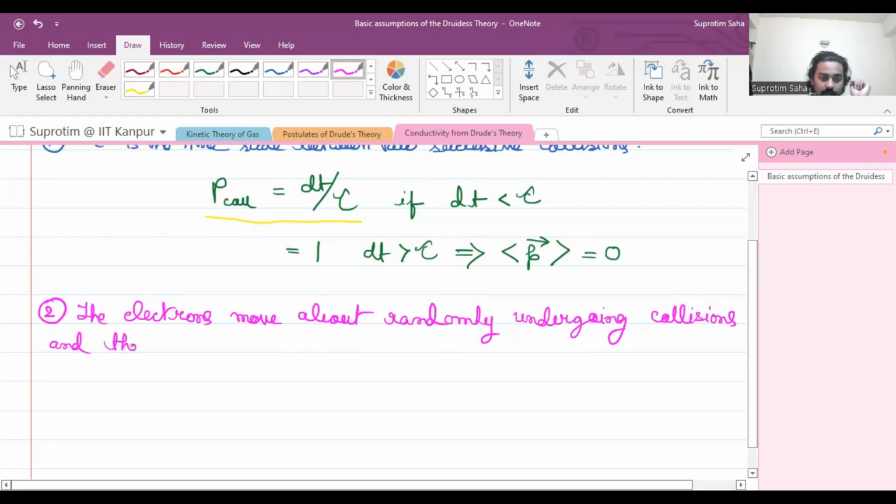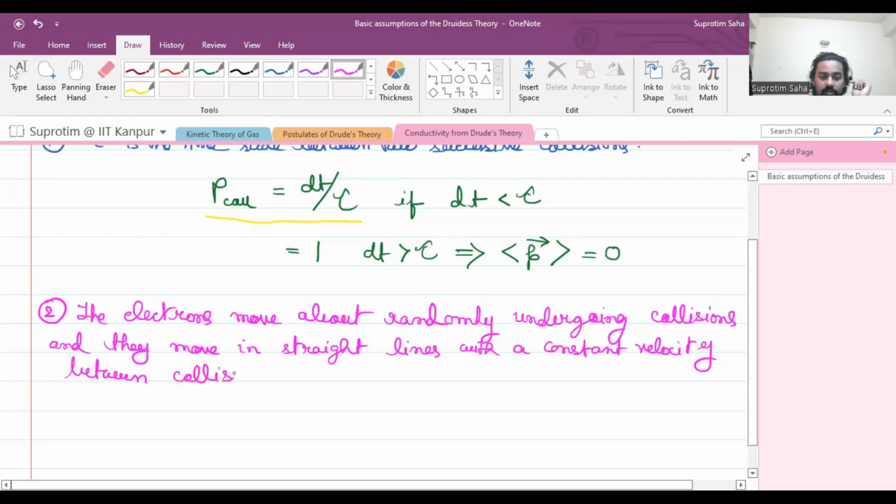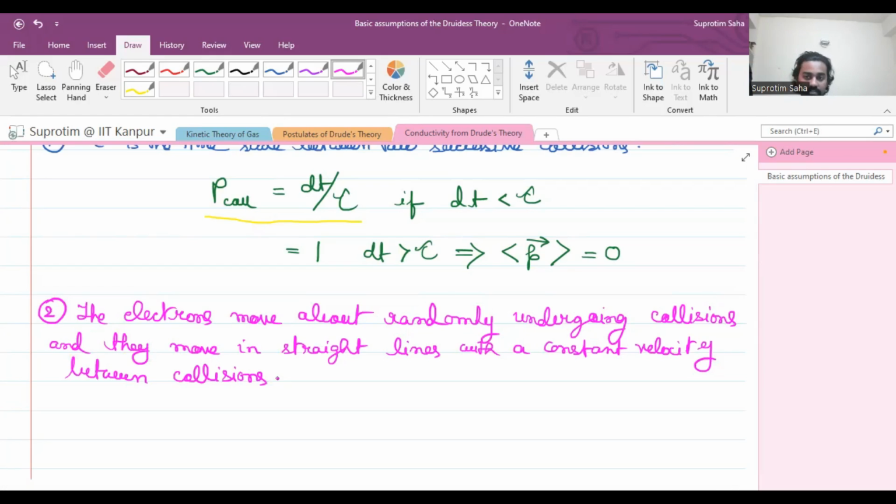They move in straight lines with a constant velocity between collisions. So between two collisions, they move in a straight line with a uniform velocity.